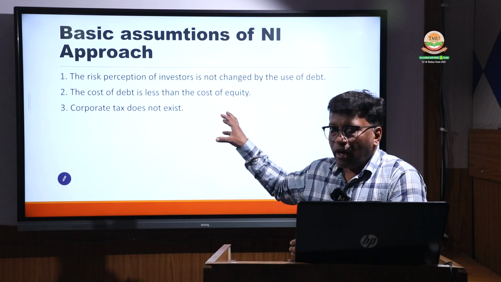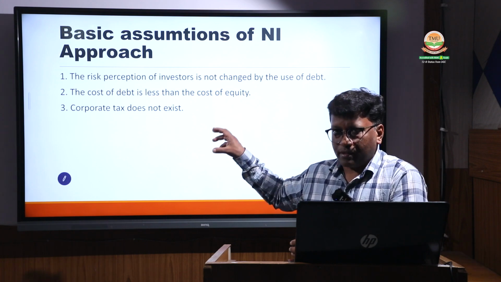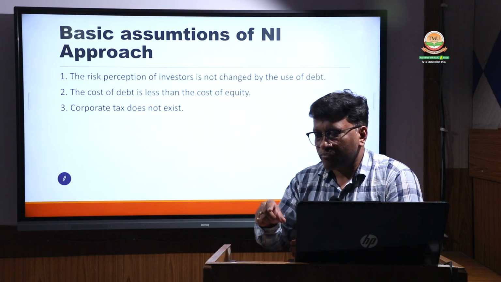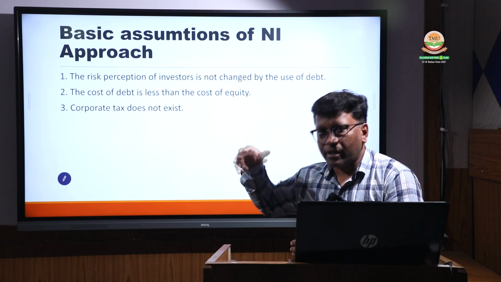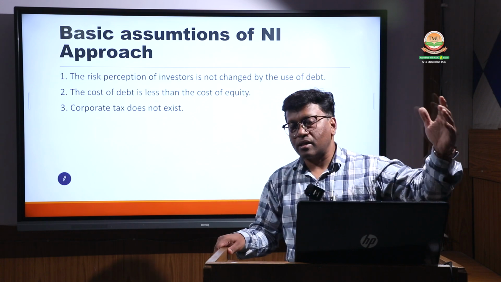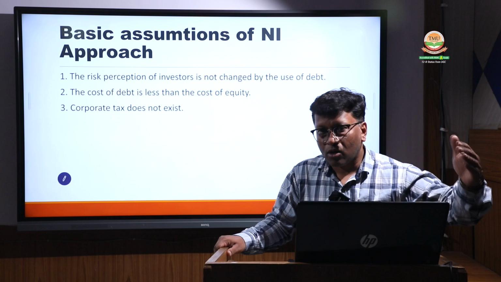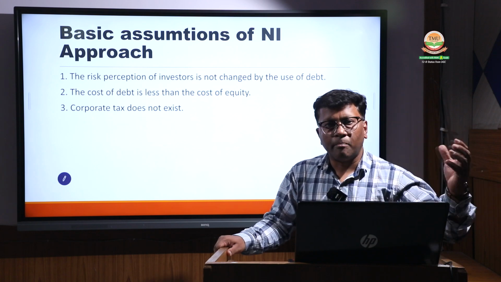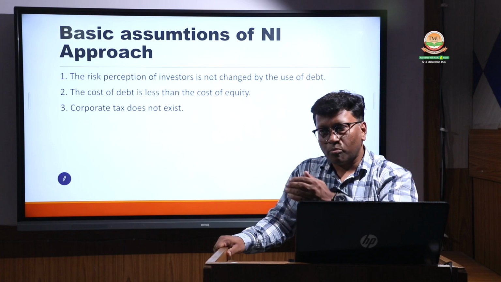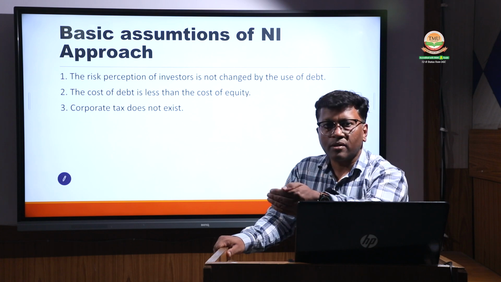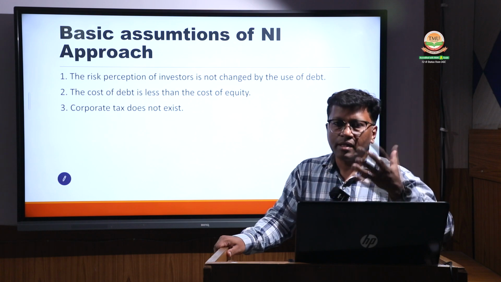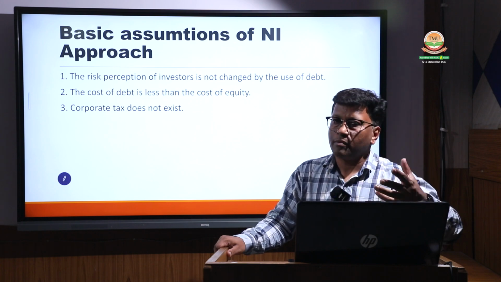Very sincerely, you have to consider this point. There is a particular catch: if you are using the debt capital along with the equity capital, the equity shareholders in the market may perceive that if the company increases the debt proportion, there may be a risk of insolvency. In the case of a loss, the interest has to be paid to the debenture holders.